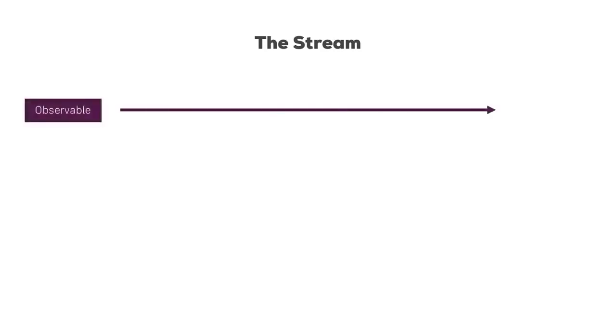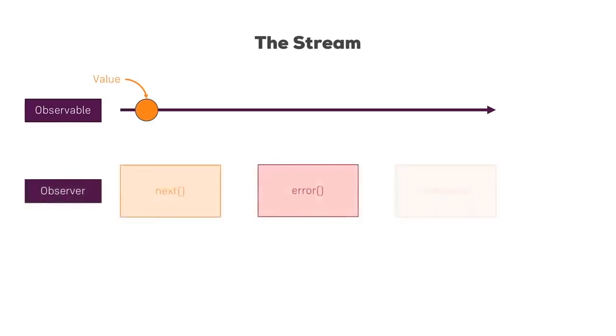So in general, you can think of observables and therefore also subjects as streams of data or of values. So we got one value and we can have more values which are emitted over time, depending on the observable and the data source it covers. Then we have the observer, so that's essentially this set of functions we can call: next, error, and complete. And for a normal value, we typically would call next. And if we have an observable that wraps something like a HTTP request, then it would do that for us.